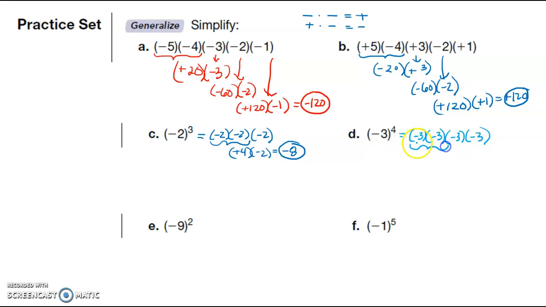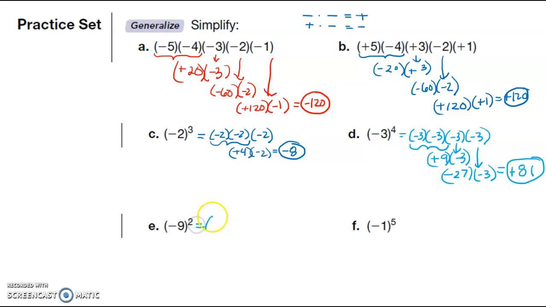So I take the first two, -3 times -3 is a positive 9, times -3 is -27, times -3 is positive 81. Okay.